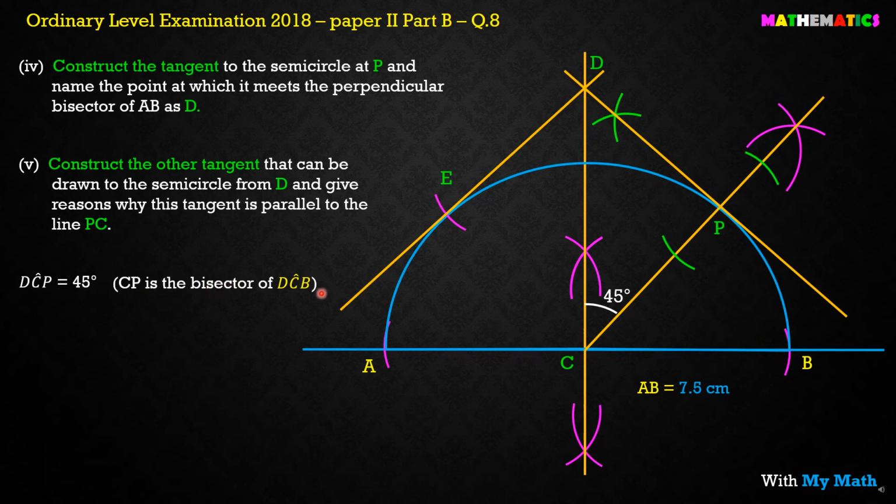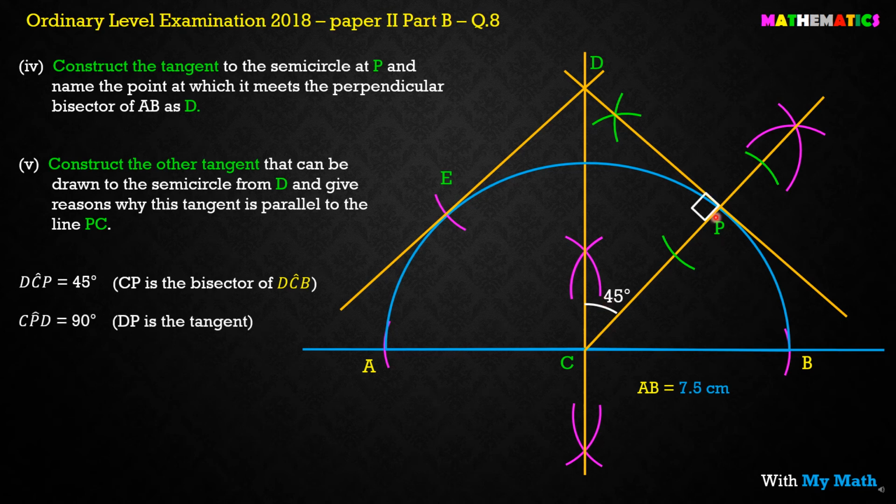CB is the perpendicular bisector, so this total angle is 90 degrees. CP was the angle bisector of the angle DCB. Therefore, it should be 45, half of 90 degrees.